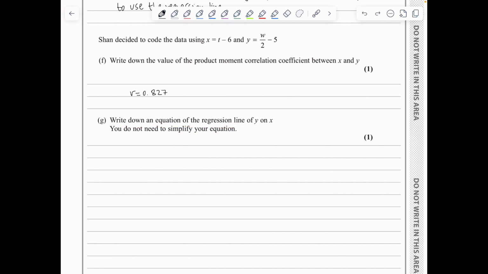We've got that x is equal to t minus 6 and therefore x plus 6 is equal to t. And we've got that y is equal to w over 2 minus 5. I will multiply throughout by 2 to get 2y is equal to w minus 10. And therefore 2y plus 10 is equal to w.